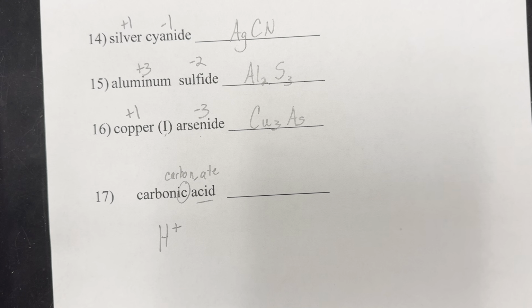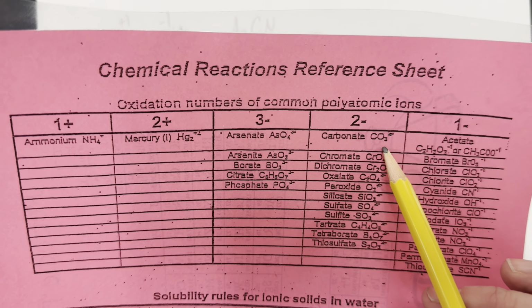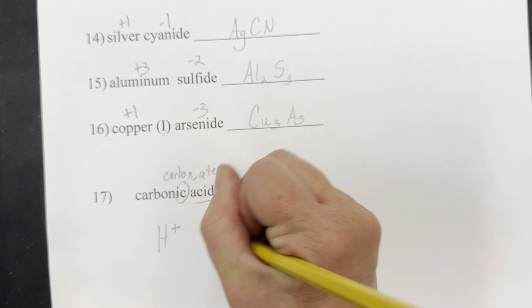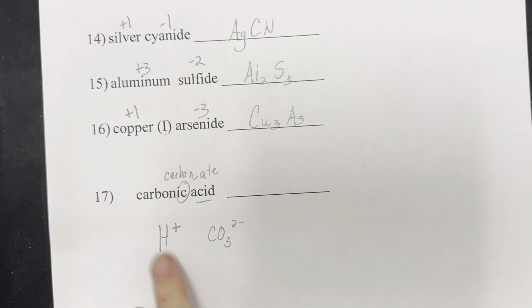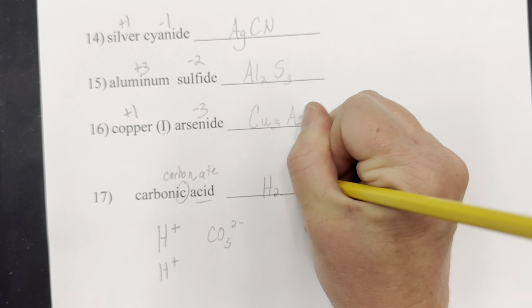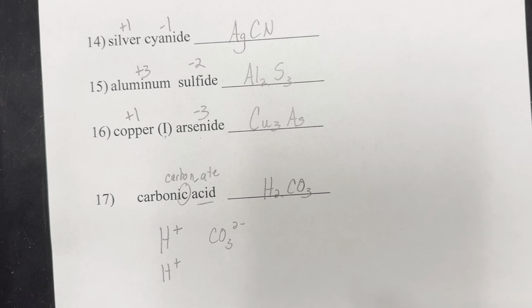All right, and when I find carbonate on my periodic table, okay, carbonate is CO3. It has a -2 charge. So I have H plus, and then I have CO3 2 minus. So I need 2 hydrogens to go with that carbonate. So H2CO3 is carbonic acid. All right, fantastic.